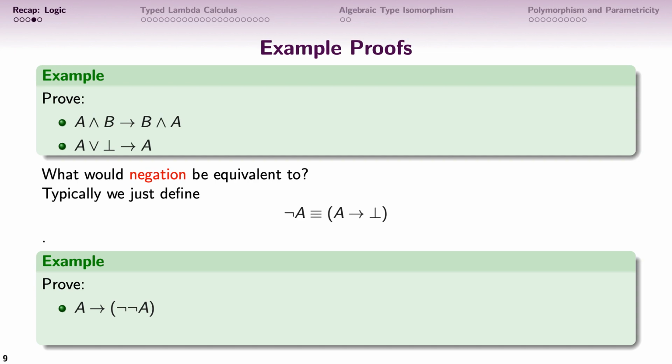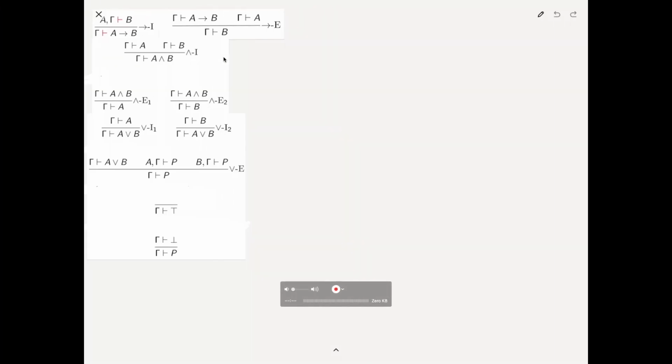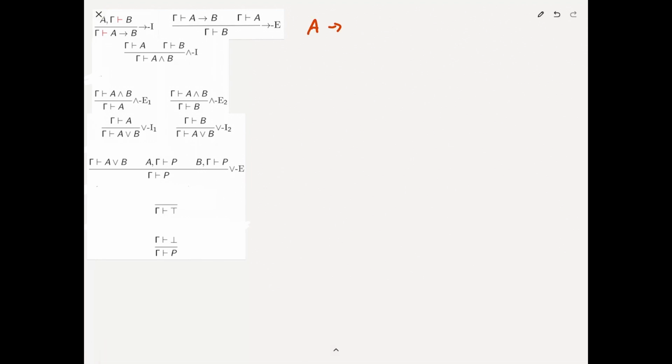Okay, so let's do an example. We'll prove A implies not A. Okay, let me go over to the board again. So I want to show that A implies not A, which is A implies false, implies false.